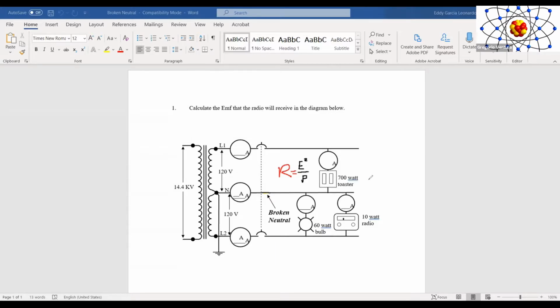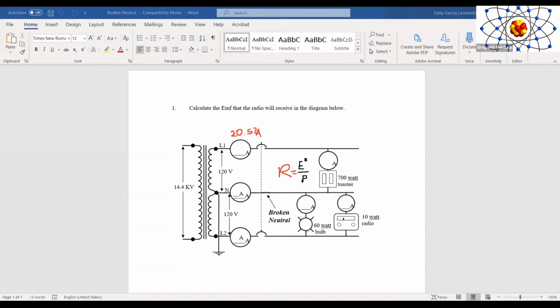I'm going to do the first, and I'm going to ask you to do the other two. Now that we have our E, 120 volts, divided by the wattage, which is 700 watts, that's going to be equal to 20 point something. Please keep in mind that this light bulb is connected to 120 volts.